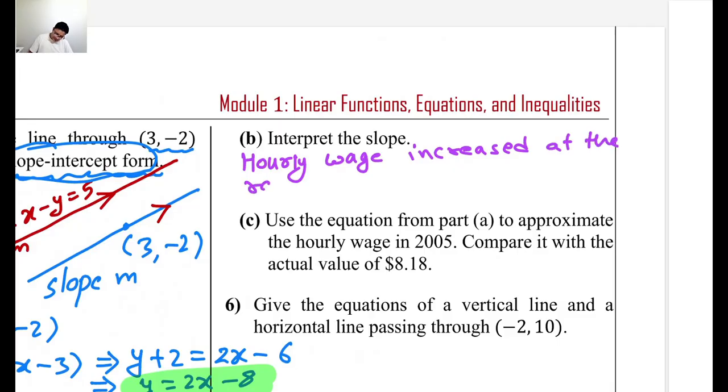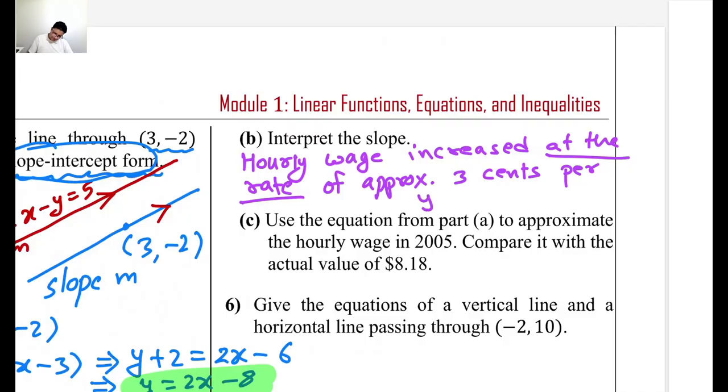The slope is a rate. That's very important. At the rate of approximately 3 cents per year.